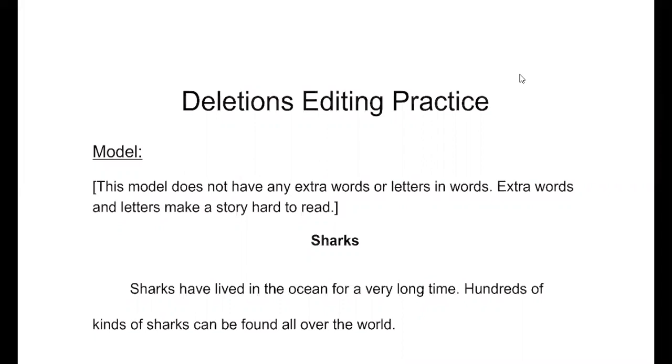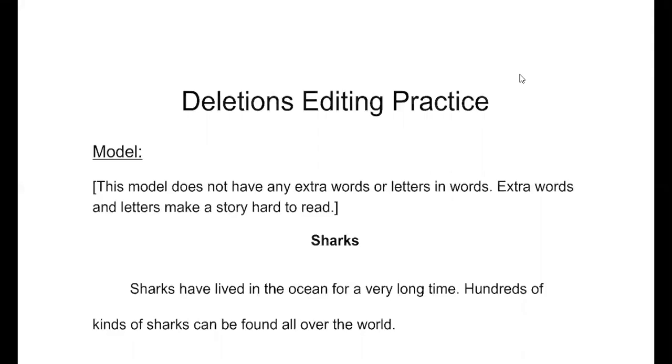So we have worked on punctuation levels 1 and 2, capitalization levels 1 and 2, and spelling levels 1 and 2. This week is the first level of something we do when we're editing, something we have to look for, which are deletions. So this is a deletions editing practice. You have a model here.